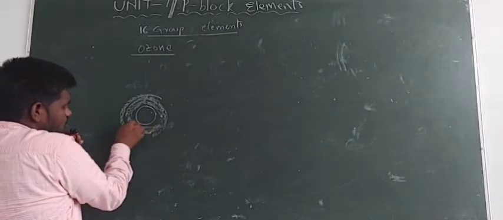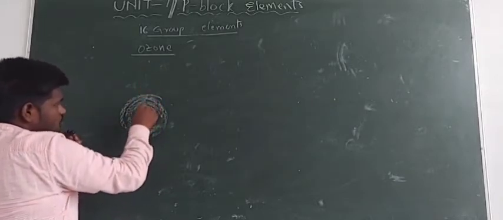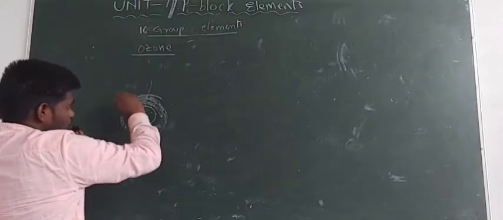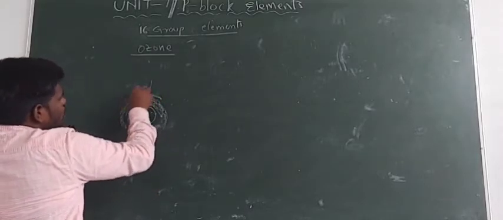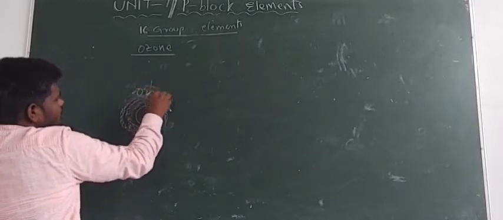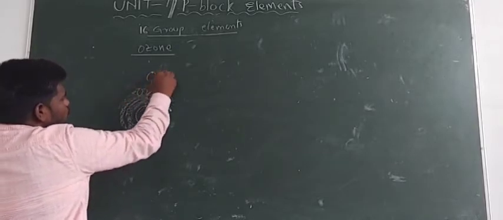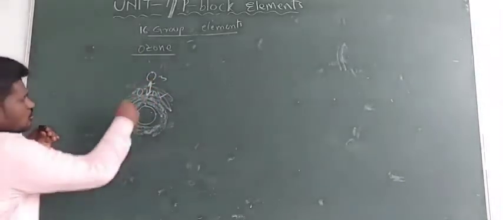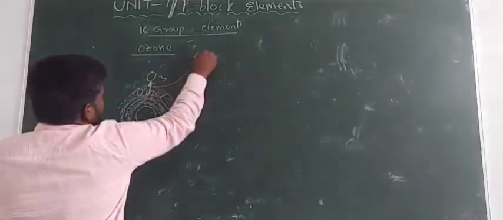Now, when you move up 20 kilometers in height from the surface of the Earth, at the 20 kilometers height, the oxygen present in the atmosphere converts into O3 in the presence of the sunlight.